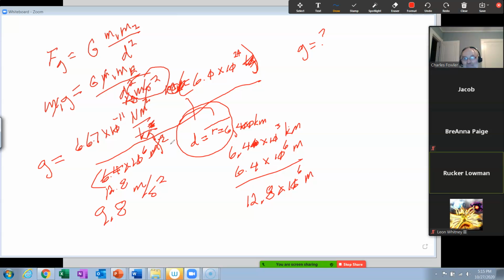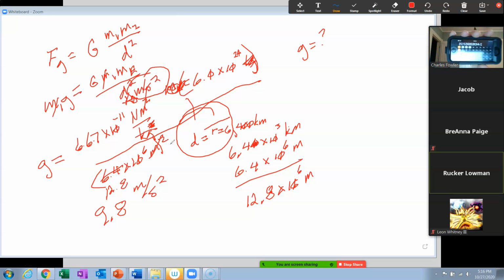The only thing we do here, we keep the numbers we had just the same, 6.67, EE, 11 change sign, times same mass, 6, EE 24, that gave you a huge number, divided by, now this one you have to open your parentheses, and now we're going to type in 12.8, EE, 6, close your parentheses, square it, and hit equal sign.